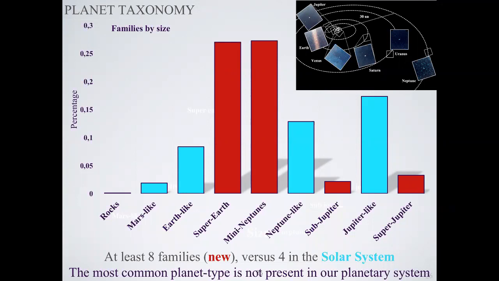And the most striking result is that the most common planet, at least with the techniques we are using, is not present in the solar system. It is something amazing. I think it came as a surprise, and it is something that will hopefully be confirmed in the future, and it needs a full explanation.